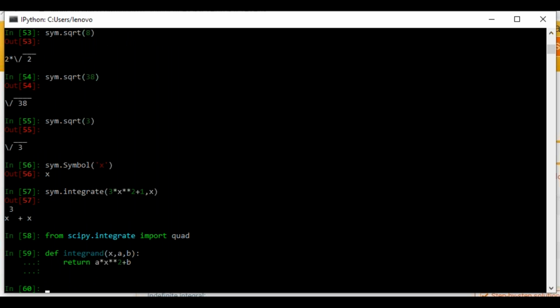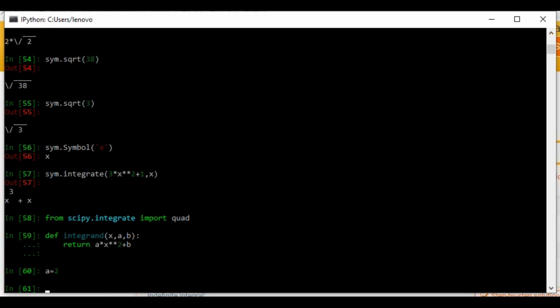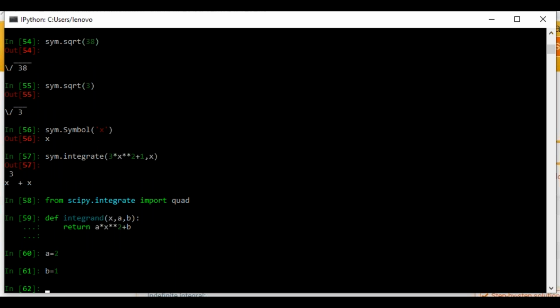Enter twice, then that will return to the command line. Then I am giving a equal to 2 and b equal to 1, so the function will be 2x square plus 1. That is the value we are finding, the integral from 0 to 1 of 2x square plus 1. Then the integral value I is equal to quad.